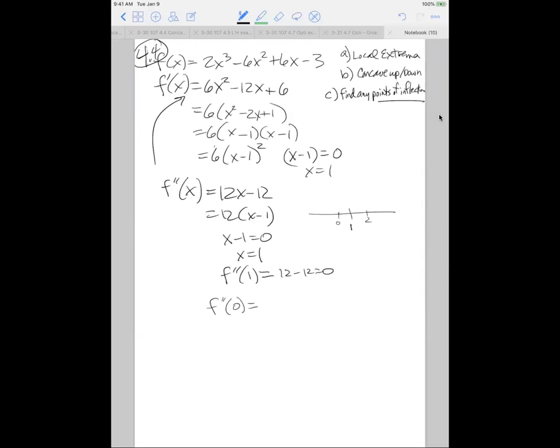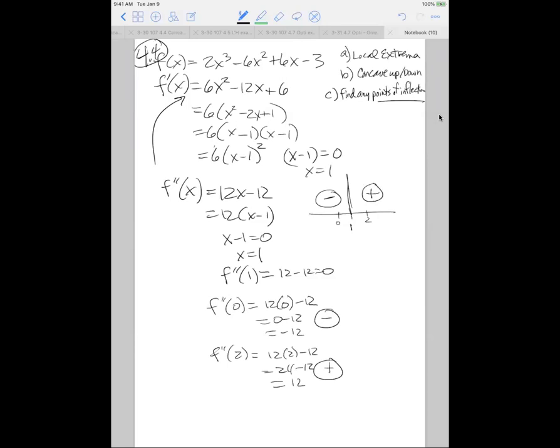If I plug in 0, I get 12 times 0 minus 12, which equals negative 12. So it is negative on the left-hand side. The second derivative at 2 is going to be positive, so on this side it's positive.